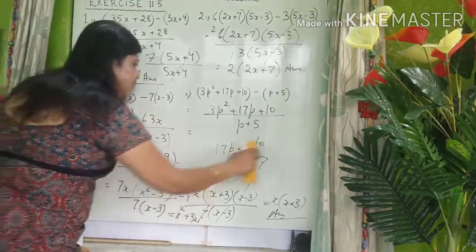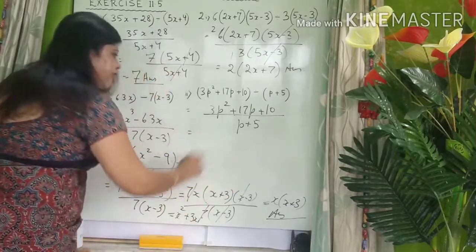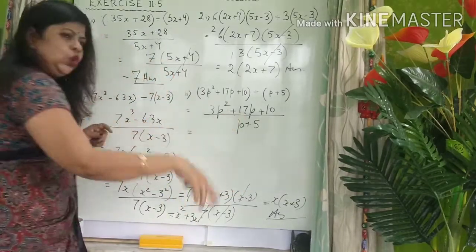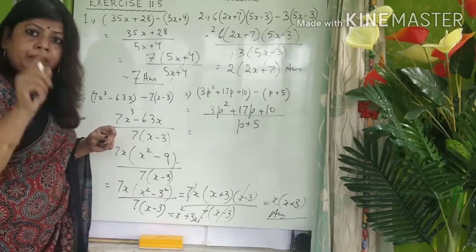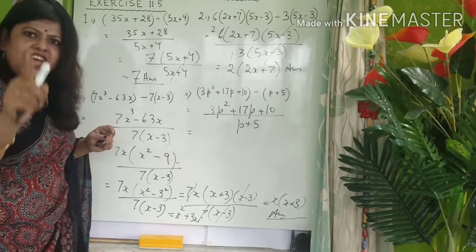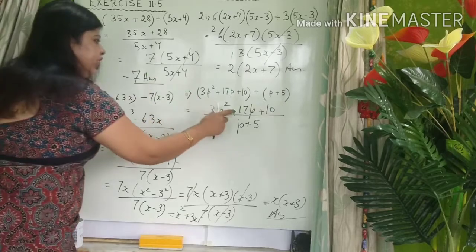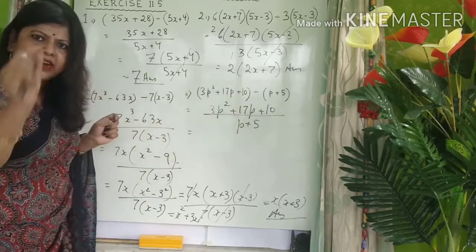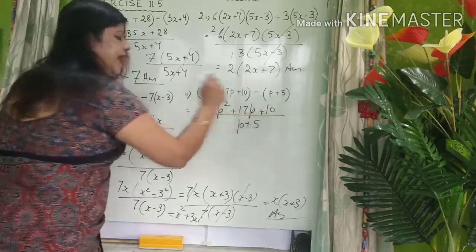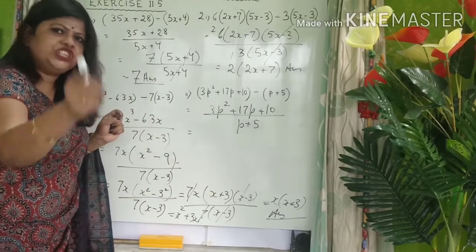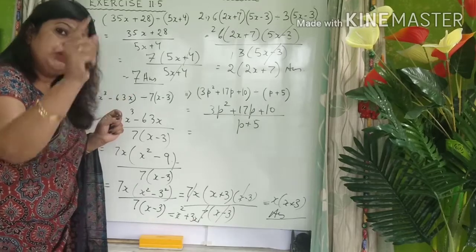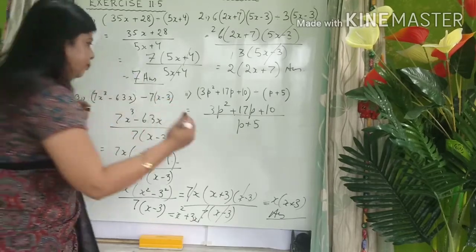So here, when you have 17, if I break 17 into 15p plus 2p, then with 15p, 3 and 15 will have a common factor. 2 and 10, here also you will get a common factor. So we shall break 17p into 15p and 2p.